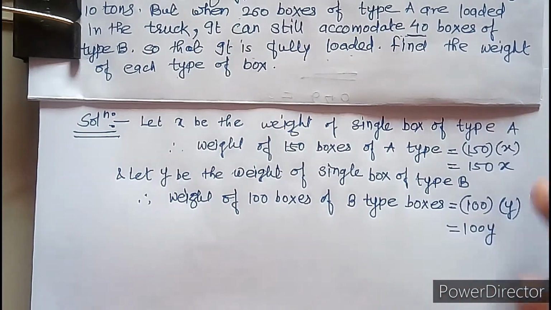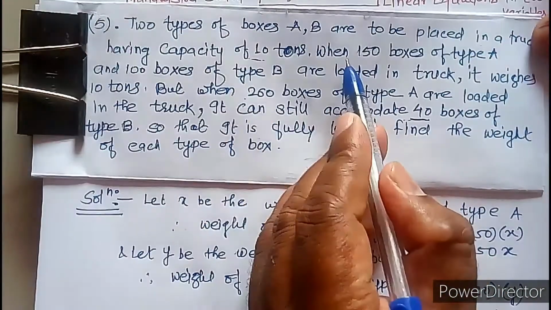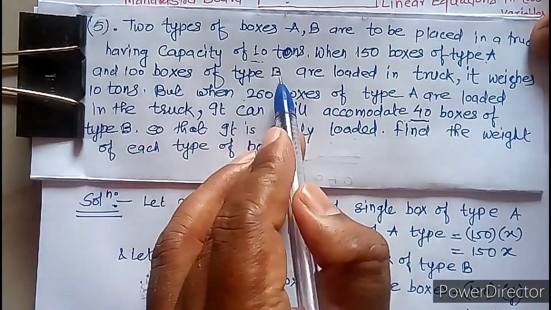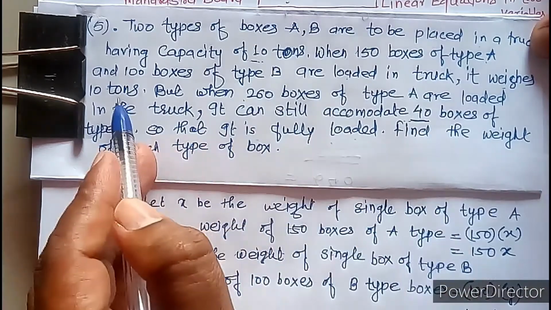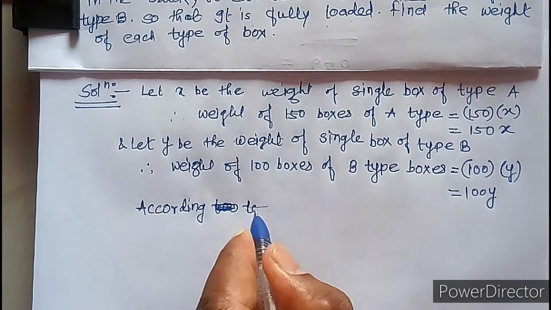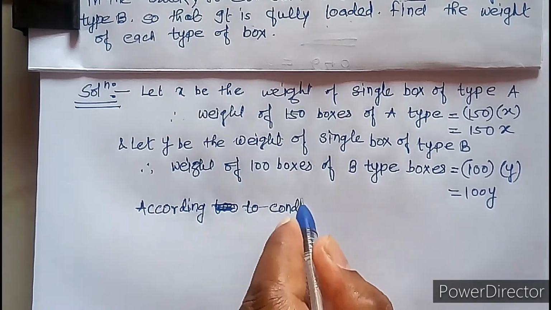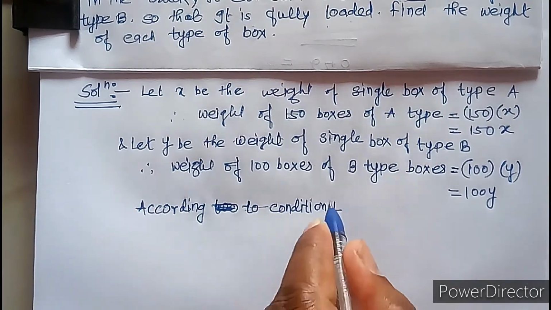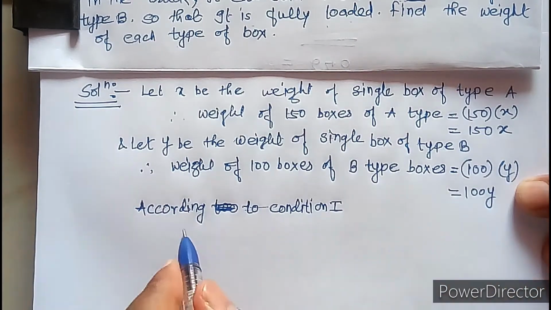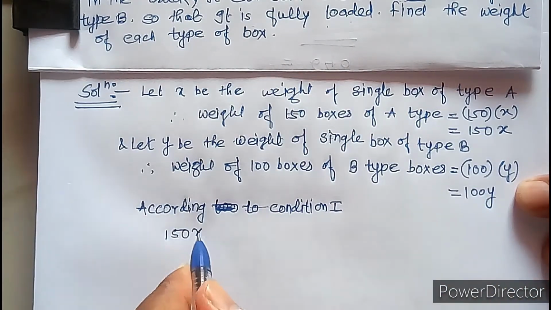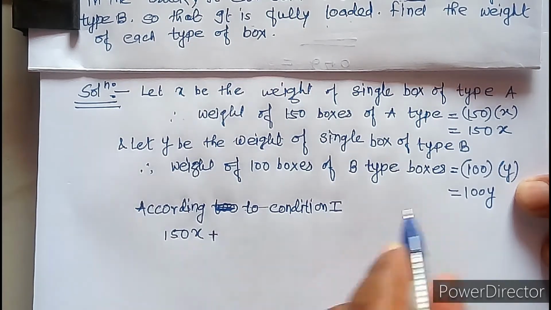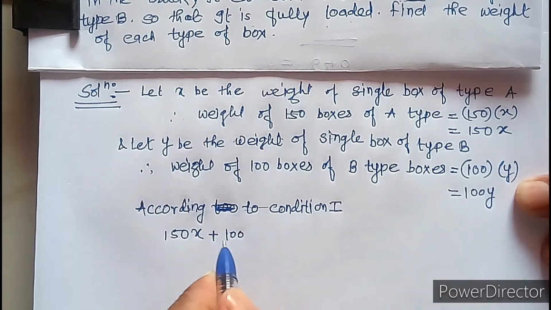Now the first condition is given that when 150 boxes of type A and 100 boxes of type B are loaded in the truck, it weighs 10 tons. Then according to the condition, 150 boxes of A type weigh 150 into x, plus 100 boxes of B type, which weigh 100 into y.